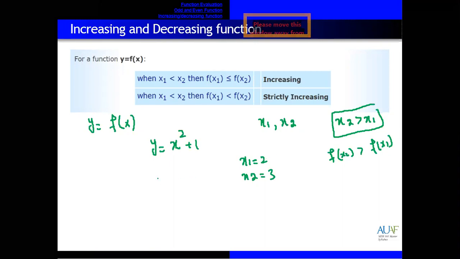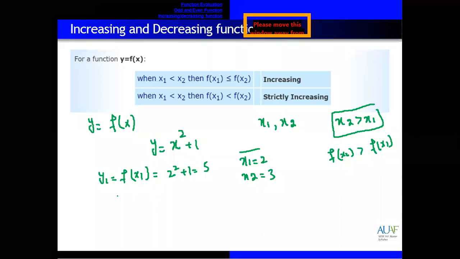So when you give the x1 value first, y1 is equal to f of x1, and x1 is 2, so we have 2 square plus 1, which is equal to 5.